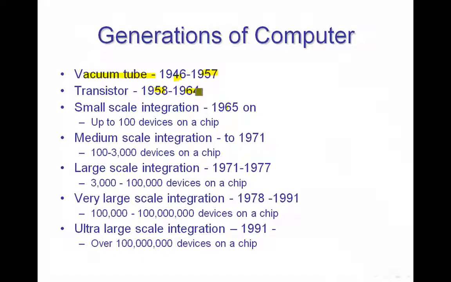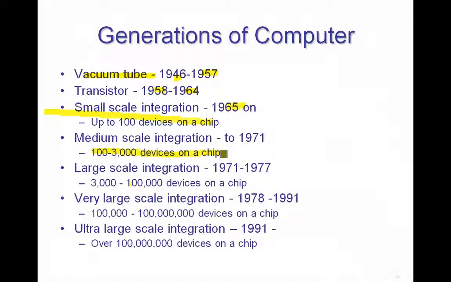Small scale integration of these transistors in the year 65, with up to 100 devices on a single chip. Then we have medium scale integration until the year 71, where about 3000 devices were placed on a single chip.